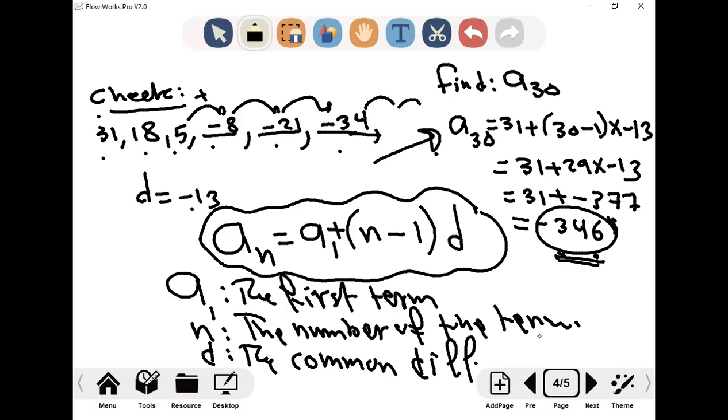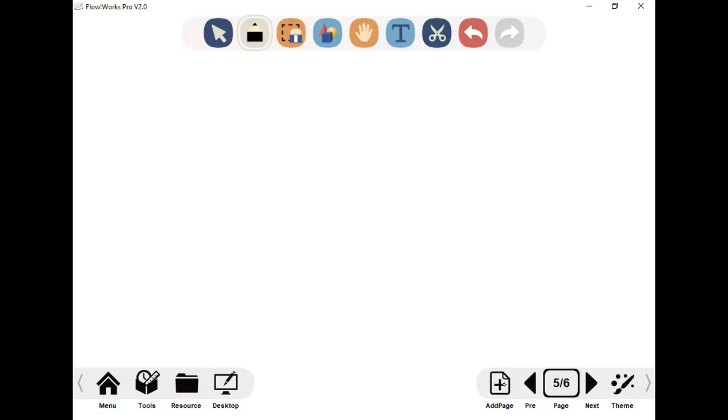The term, and the number of the term, okay? This formula, just memorize it and understand how we apply it. Let's go to example 3.